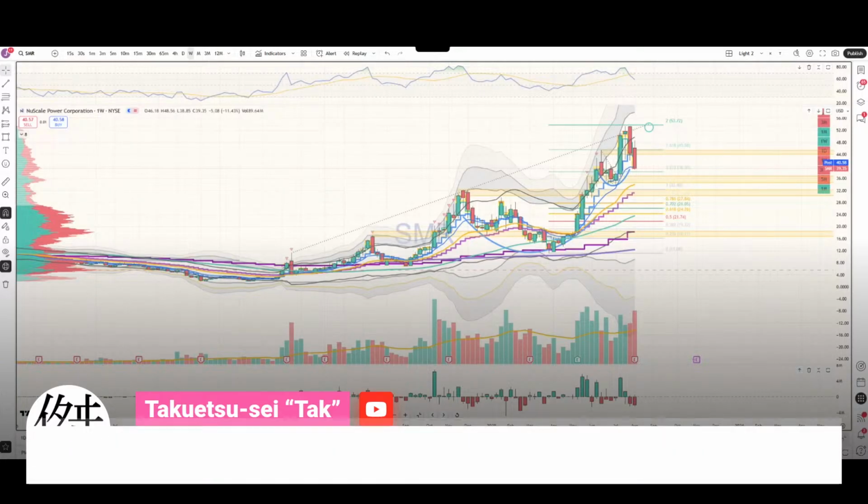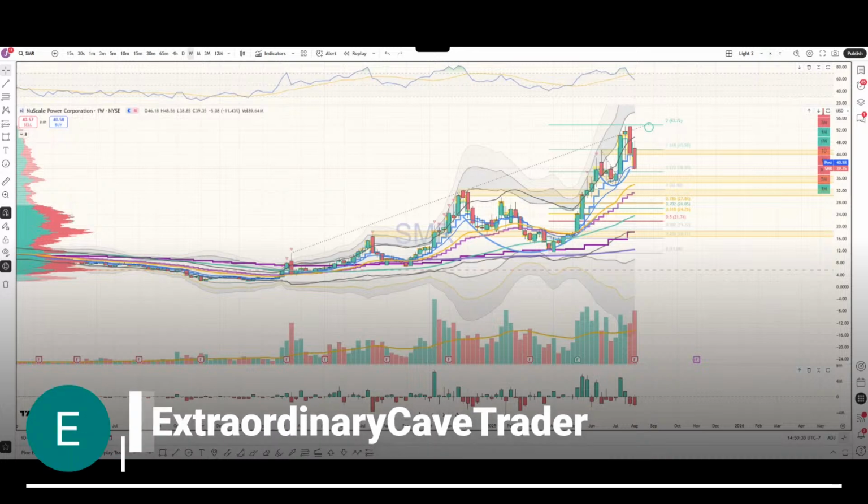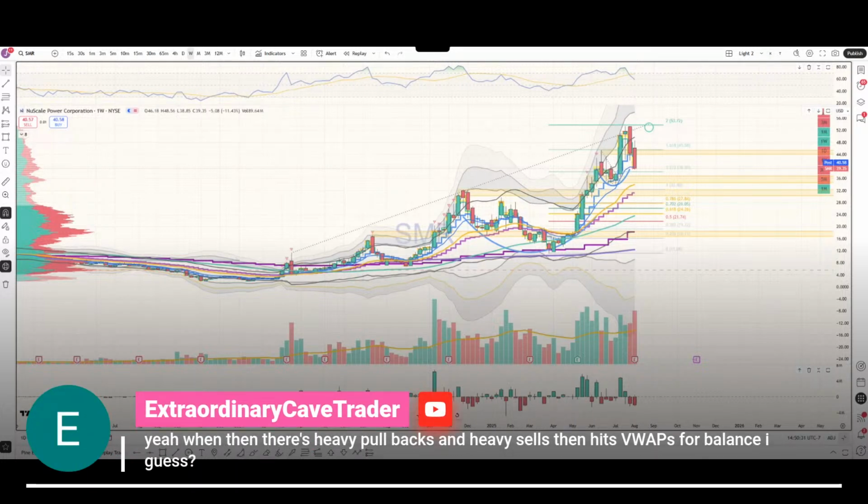Let's see. So yeah, when there's heavy pullbacks and heavy sells, then it hits VWAP for balance, I guess. In general, that's what you'll tend to look to see. Okay, we have the heavy sell at the key resistance level. Next stop is going to be to come back down and test a reversion to the mean, to VWAP, and then that's the big point to watch, right?